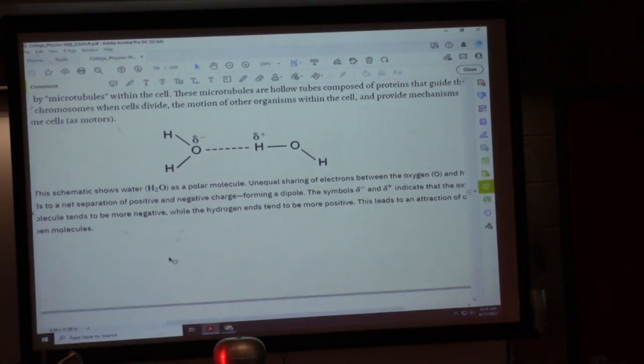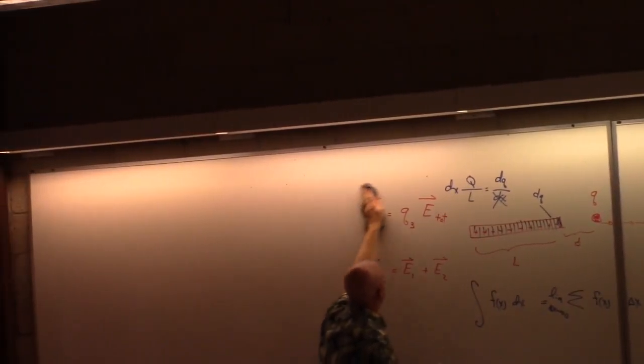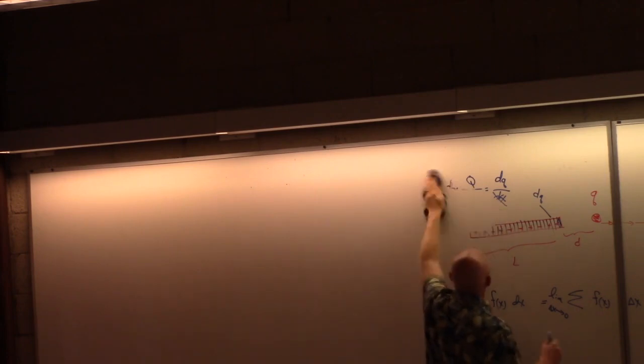I don't think his picture did justice, but oxygen loves electrons, and so it will grab that electron from the hydrogen and keep it mostly to itself. And therefore, the oxygen part of the molecule tends to be negatively charged, and the other side of the molecule tends to be positively charged.